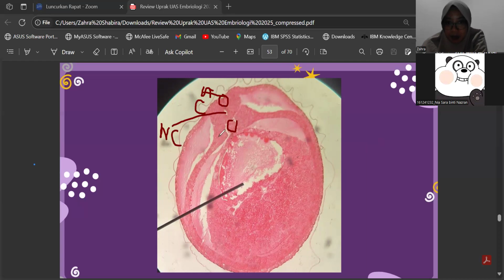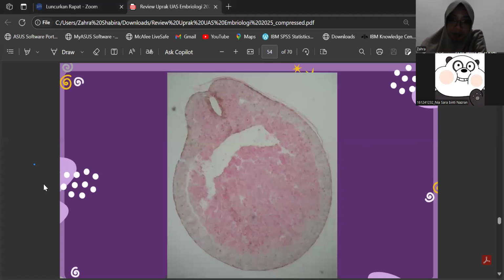This part like a rectangle is the somite, and this one is the archenteron. This part, all of it, is endoderm, and the somite attached with some kind of line is mesoderm, and the endoderm is the outer layer.